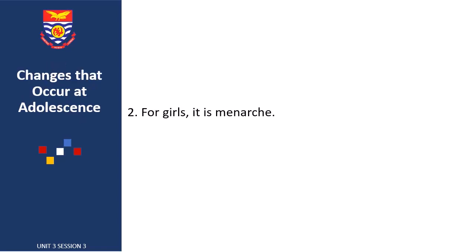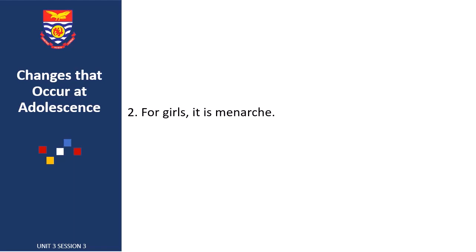For girls, it is menarche. This menarche here means the first menstruation, and it has been used extensively among girls in research to determine the age of puberty.